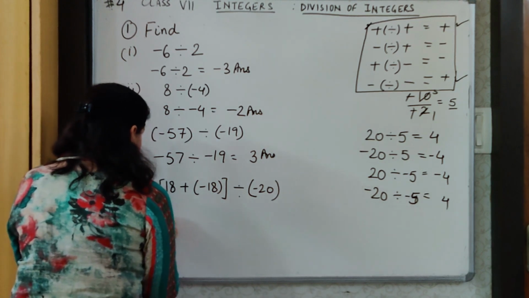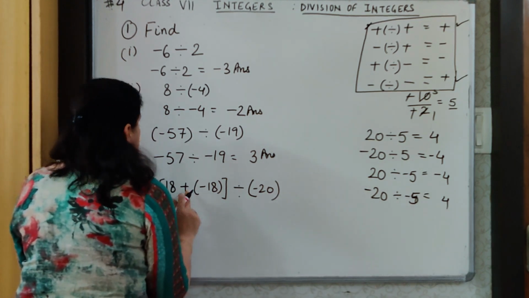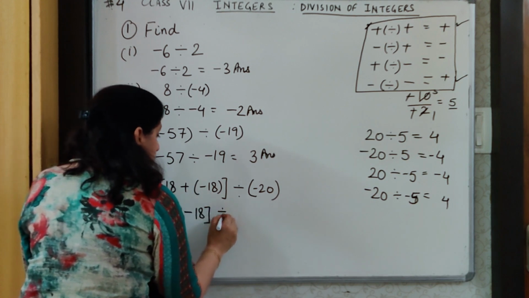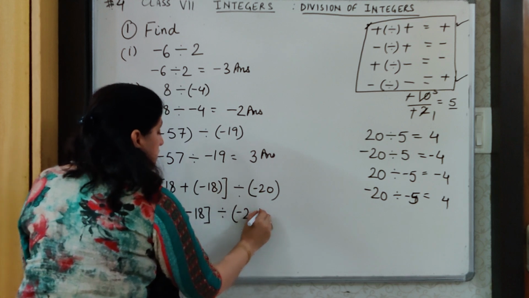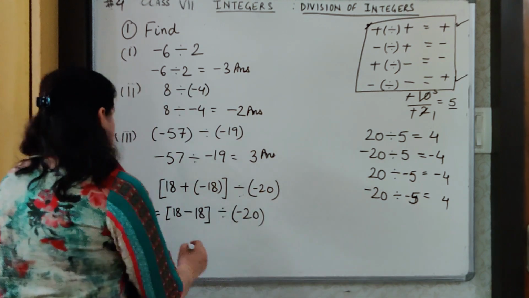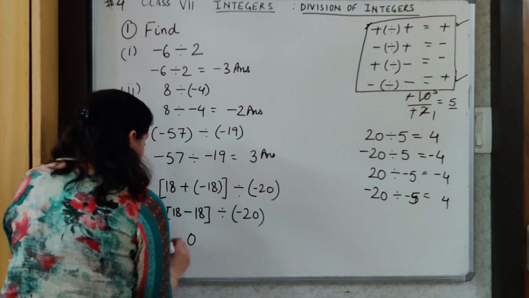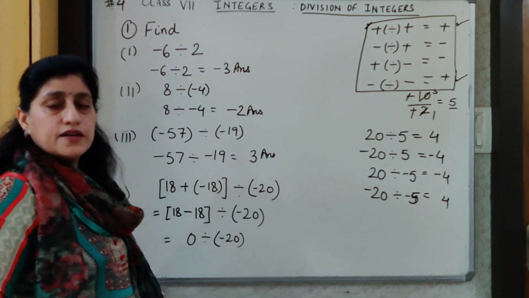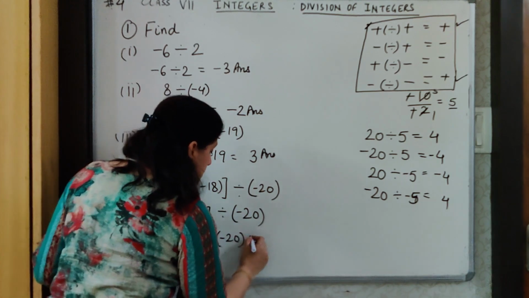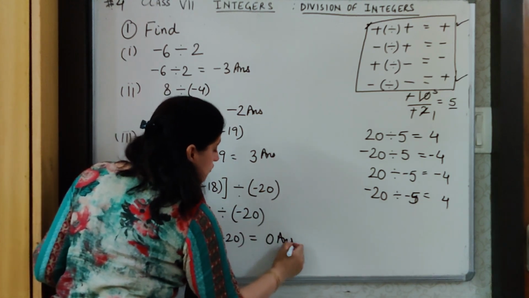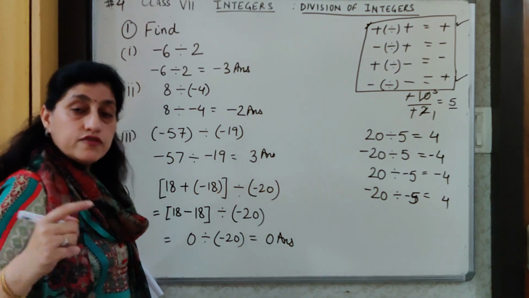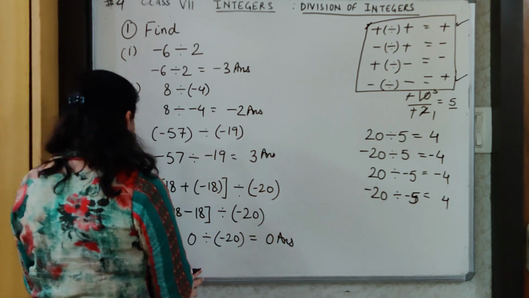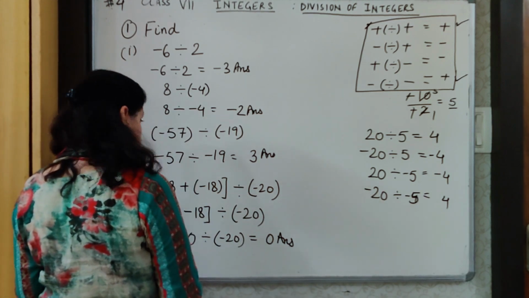Let's see. 18 plus into minus, minus 18 bracket close divided by minus 20. 18 minus 18 gives me 0 divided by minus 20, and 0 divided by any number returns 0. And we know 0 is neither a positive nor a negative integer, so 0 will be written as it is. So the answer to this question becomes 0.